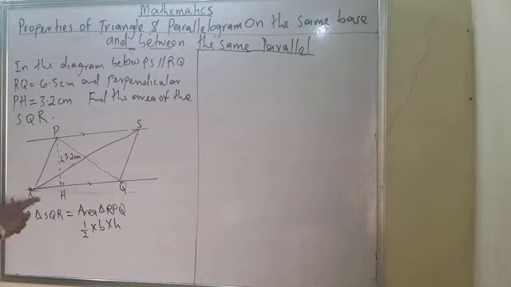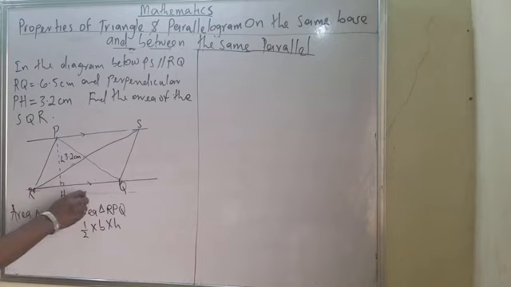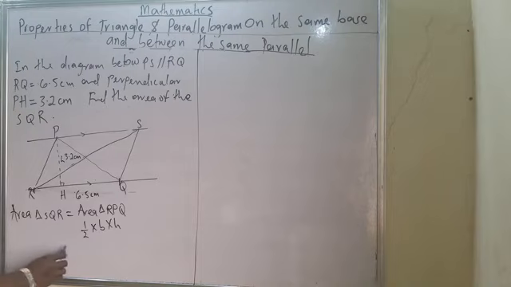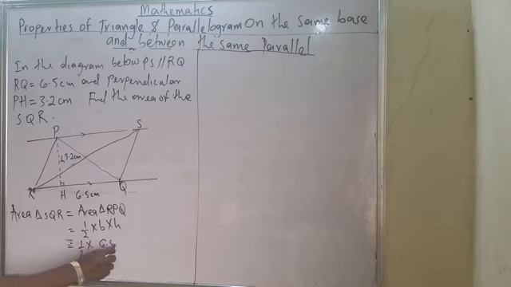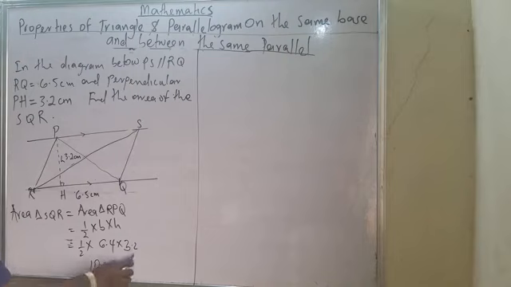My RQ, from here to here, is 6.5 centimeters. So it will be equal to 1 over 2 multiplied by 6.5 multiplied by 3.2, which gives 10.24 centimeters squared. You can see it's very simple to know.